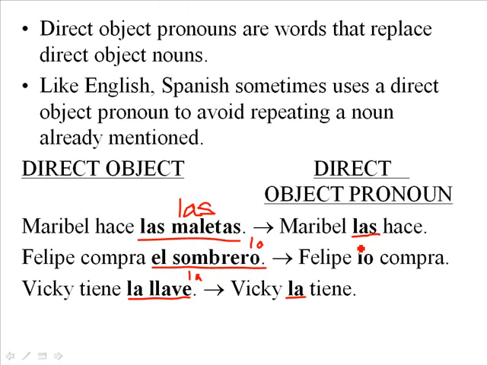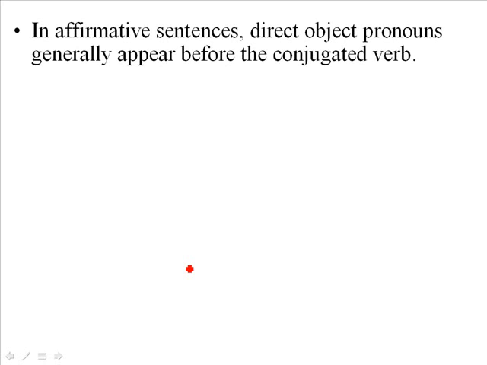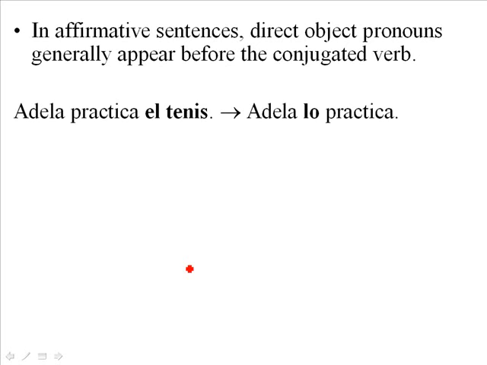We can see also, where are these direct object pronouns going? They're going before the verb, whereas the direct object nouns went after. It's a little different. We'll have to get the hang of that. Okay, direct object pronouns come before the conjugated verb. Adela practica el tenis. El tenis changes to lo because it's masculine and singular.